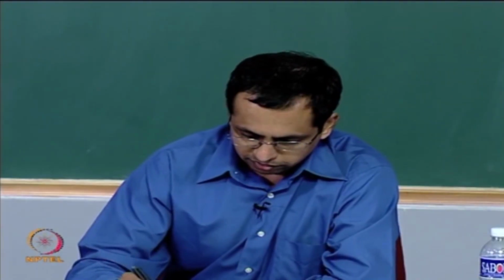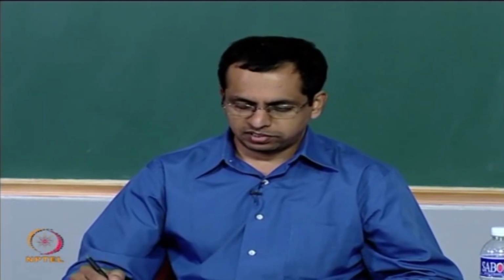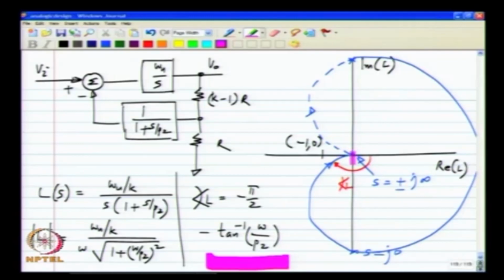So, that means that this part of the curve for positive omega will always stay below the negative real axis. So, again there can be no possible encirclement of the minus 1, 0 point. That means that I can change the parameter omega u, I can change the parameter k, I can change the parameter p2, regardless this maximum phase lag is pi. So, there can be no possible encirclement of this.